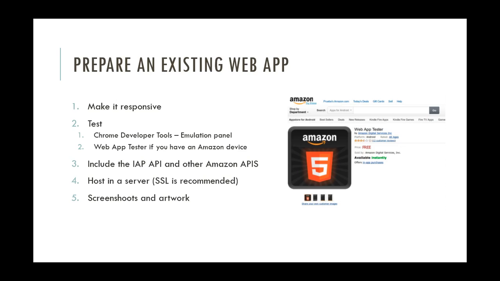So make sure that the framework you pick to make your game, if you're making a game, allows for different screen sizes. You can test your app using the Chrome developer tools, the same tools you use to test normal web apps. So let me show you real quick how to activate the emulation panel and view the app as it would be viewed in a particular device.